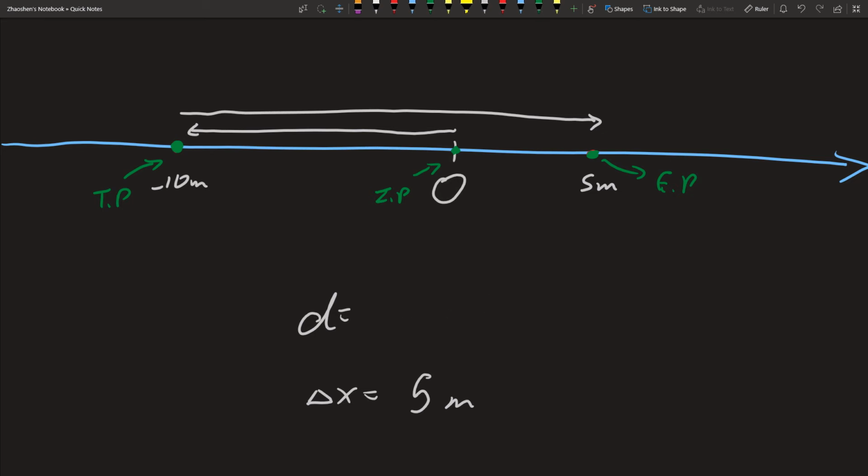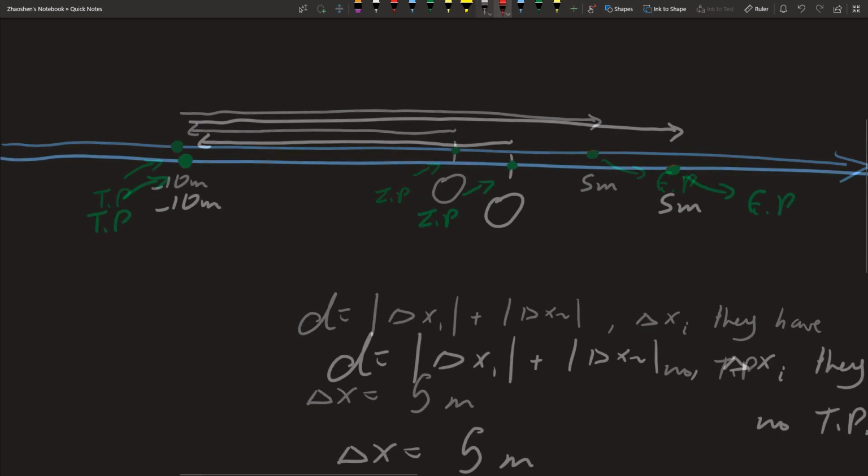We could do this. We could say that distance is the absolute value of your first displacement plus the absolute value of the second displacement, such that all of those displacements are labeled by delta x sub i, meaning 1 and 2, all of them, they have no turning points.